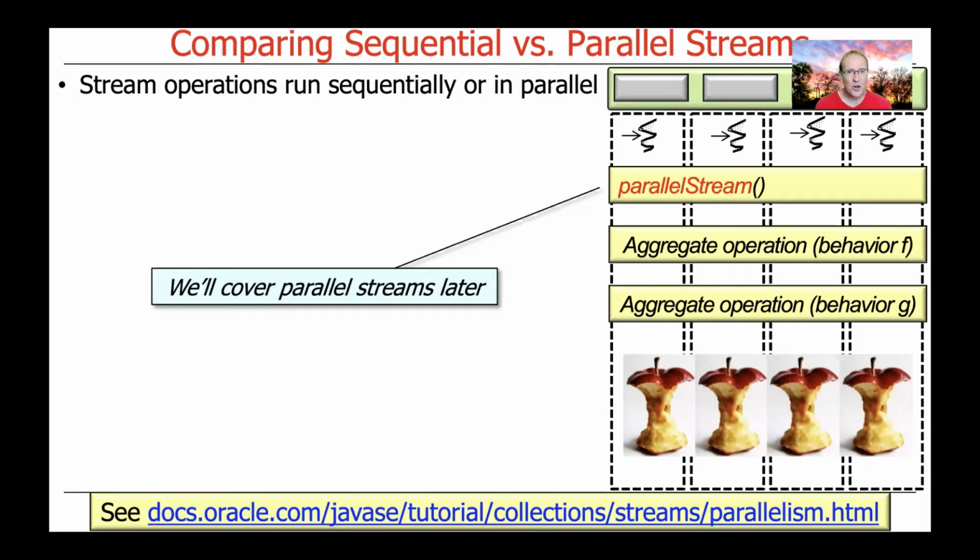You can also, with very little effort, convert a sequential stream to run as a so-called parallel stream, where all of a sudden you can have multiple threads. In fact, there's a pool of threads that do the processing, something called the common fork join pool that we'll cover later. And those threads in the pool get mapped to the underlying cores. So if you have 4 cores, which is pretty common these days, you'll typically have a pool with around 4 threads or so.